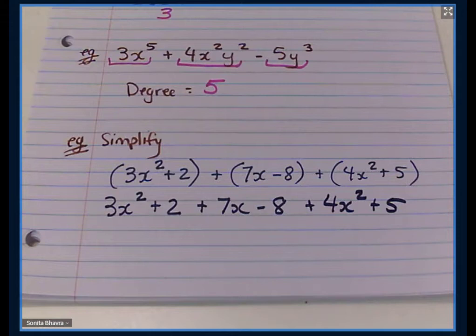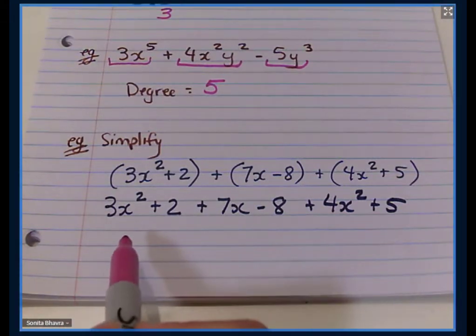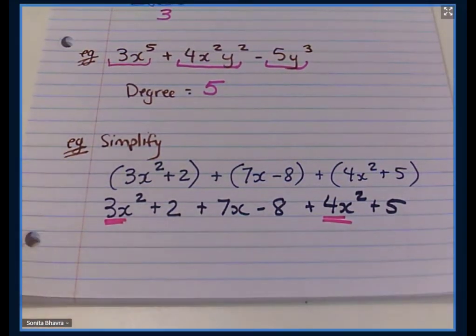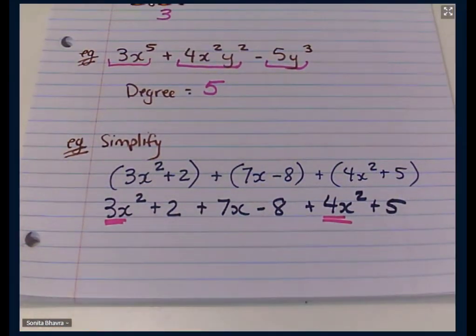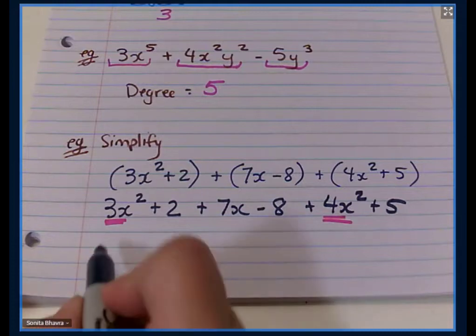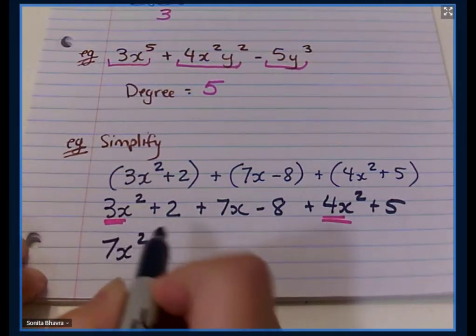All right, so collecting like terms, sometimes it is a good idea to have some different colors, so you can underline the ones we are going to collect together. So we have a 3x squared and a 4x squared we can collect together. So we get 7x squared.